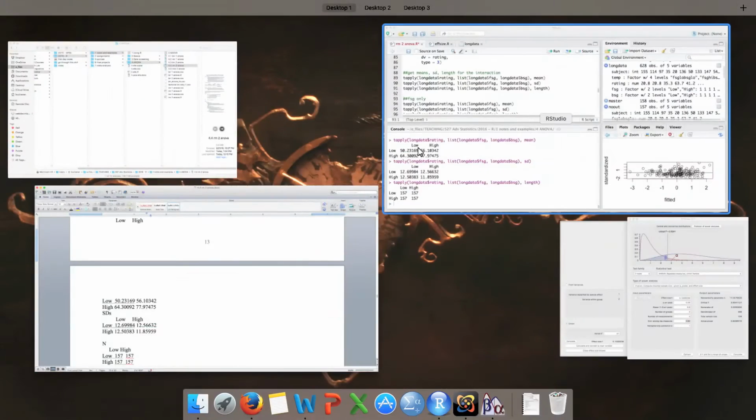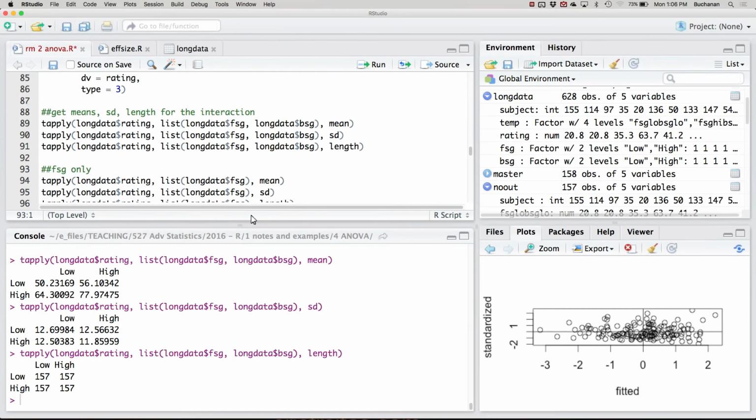So what's happening? If I look at my means, I make a graph. I got 50 points for low, low. 56, right? That's FSG's, go back. Yeah, 56 points here. And then 64, 78.